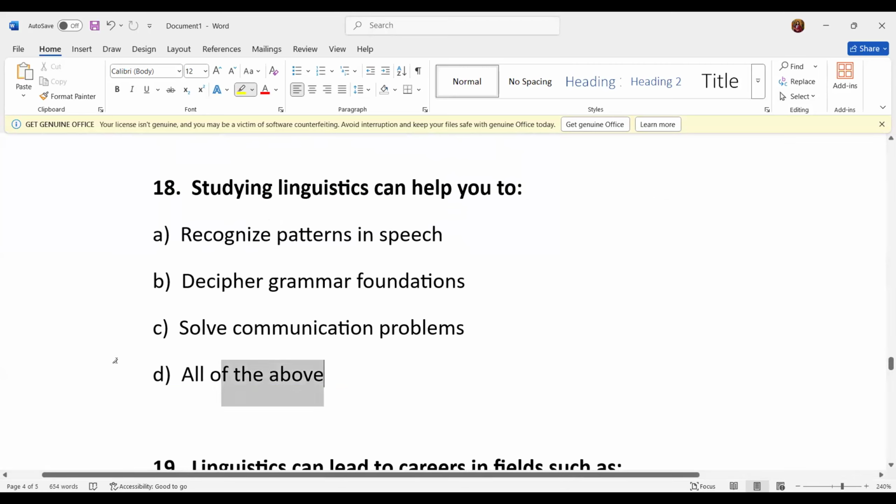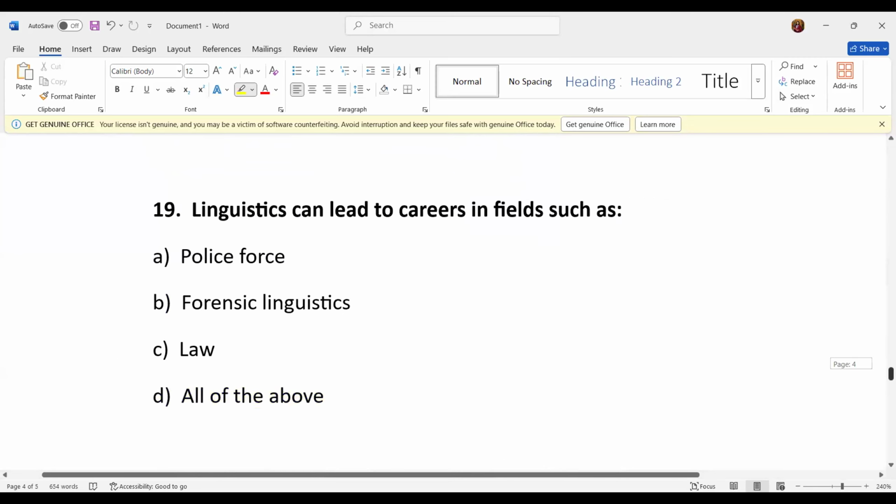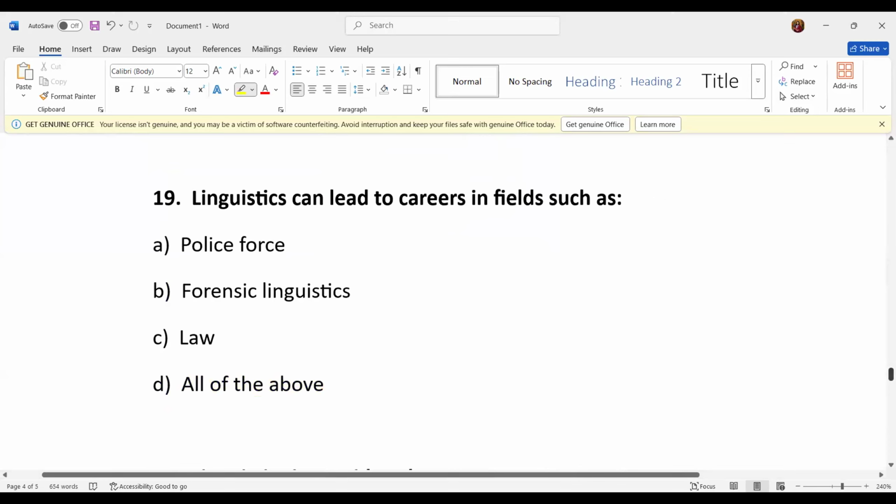That is the correct answer. Number 19. Yes, correct.